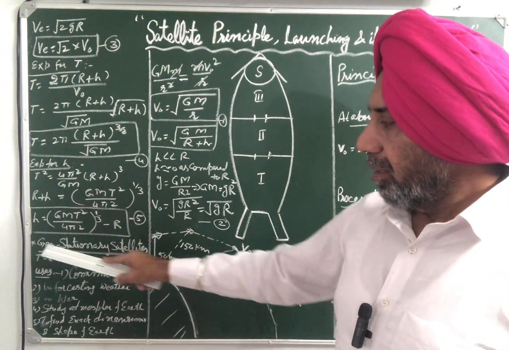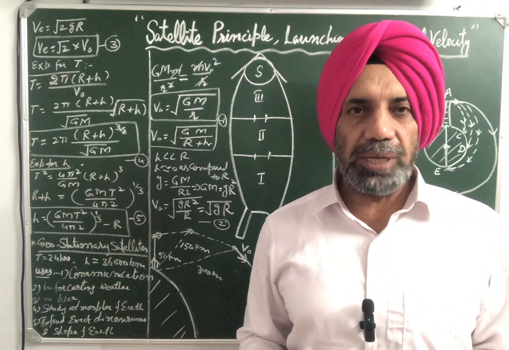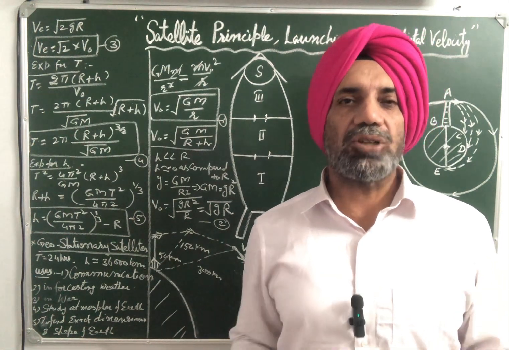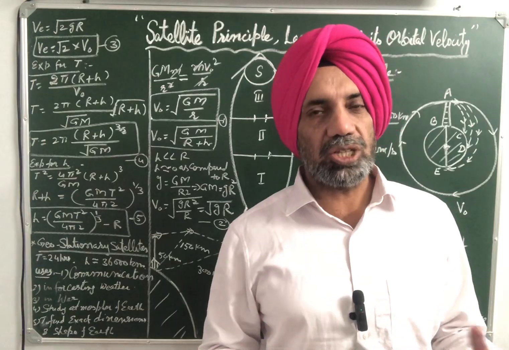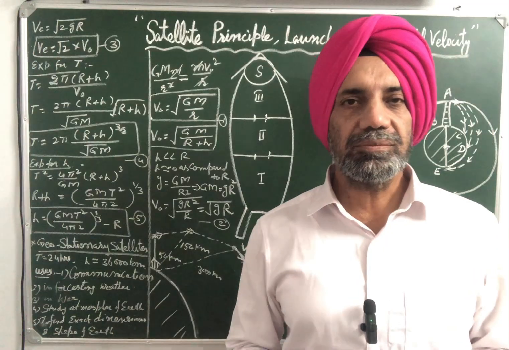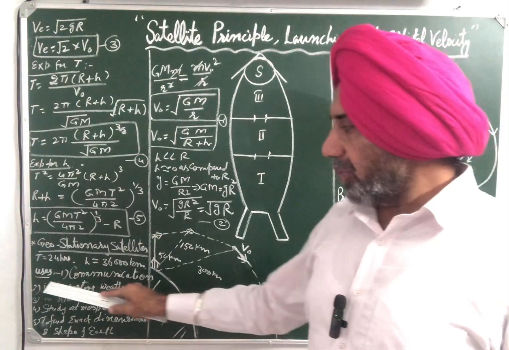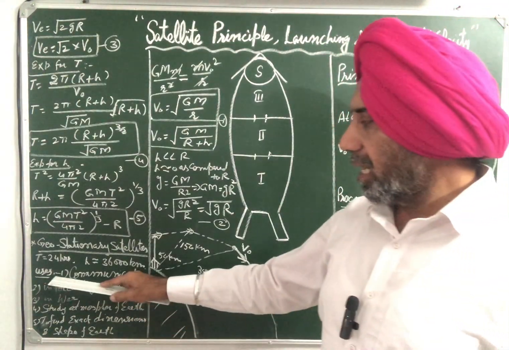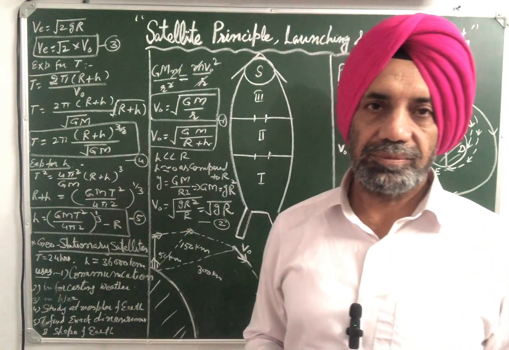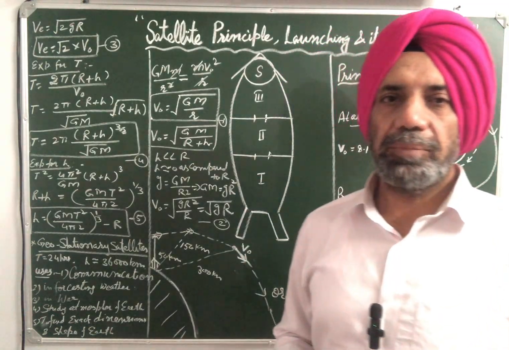Then we come to what are geostationary satellites. Those satellites which appear to be stationary or at rest with respect to the surface of Earth are known as geostationary satellites. Their location remains fixed. They remain at a particular spot. That's why these satellites are used as communication satellites, because they are located at a particular place.